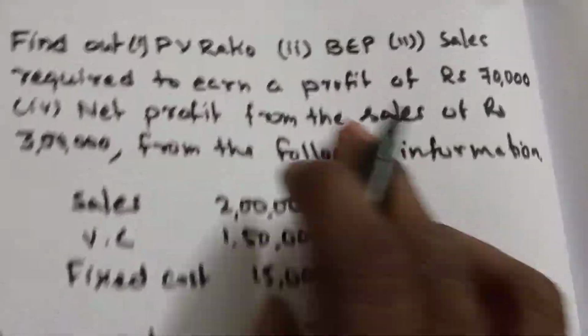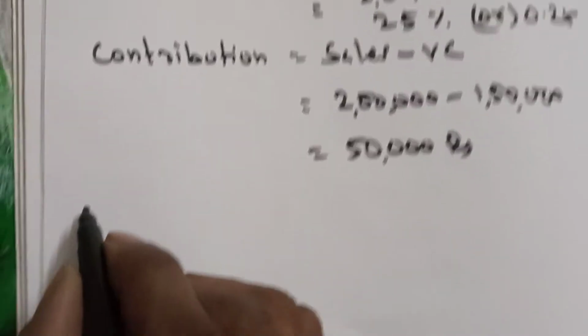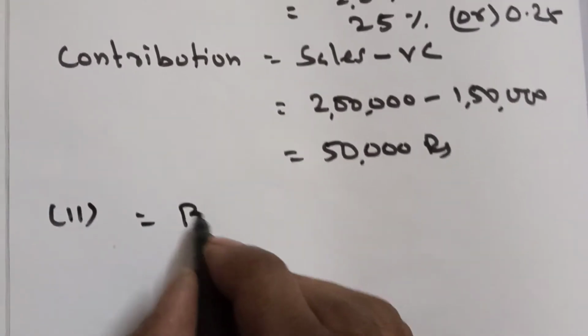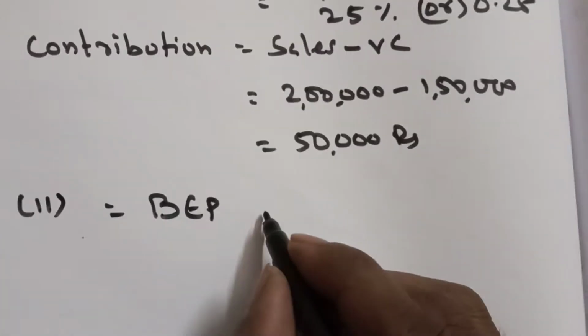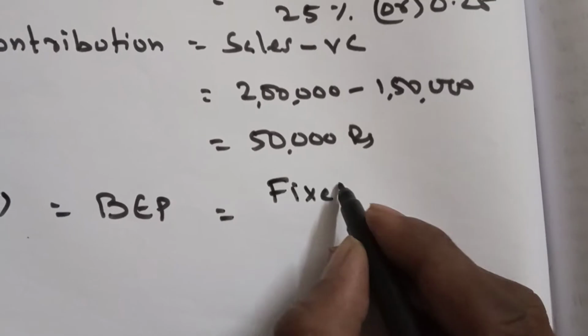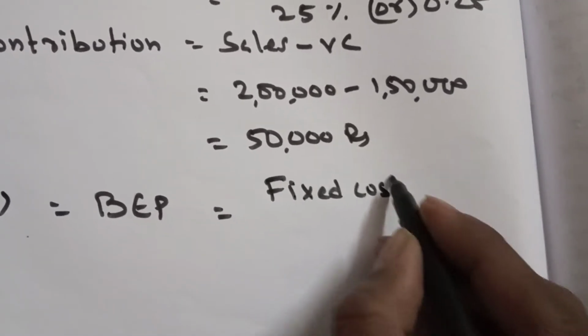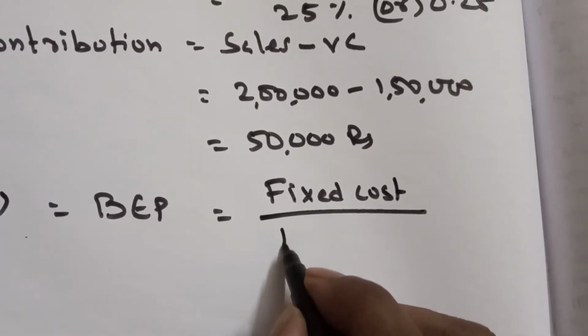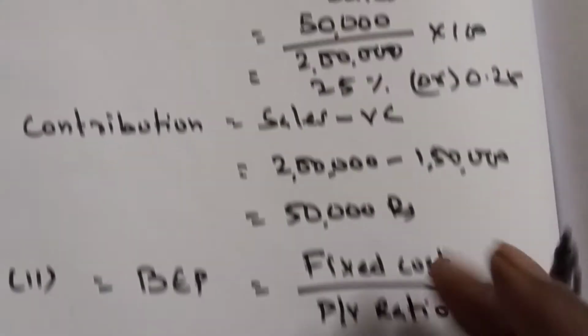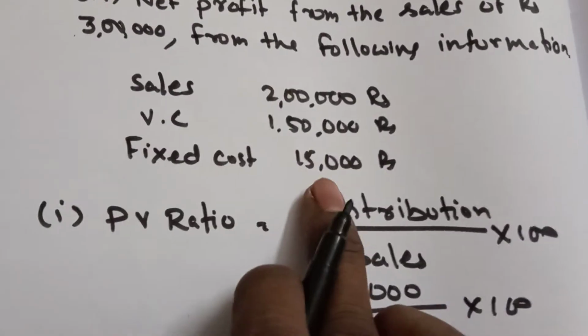Next we have to find out the second one, break even point. BEP, break even point is equal to fixed cost by PV ratio. Fixed cost is already given in the problem, that is 15,000.